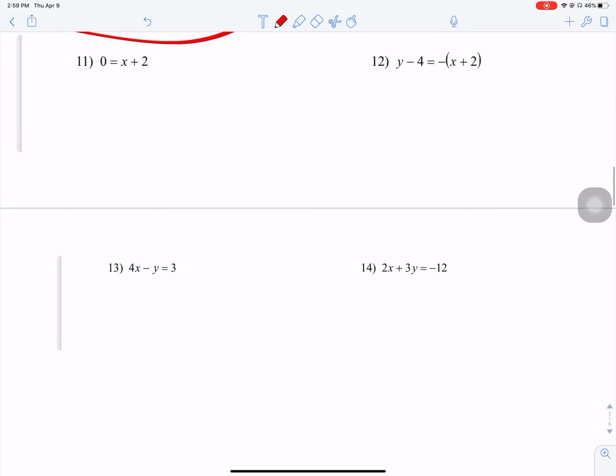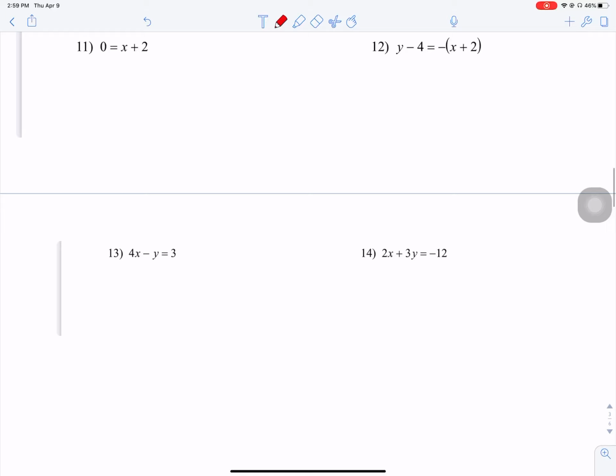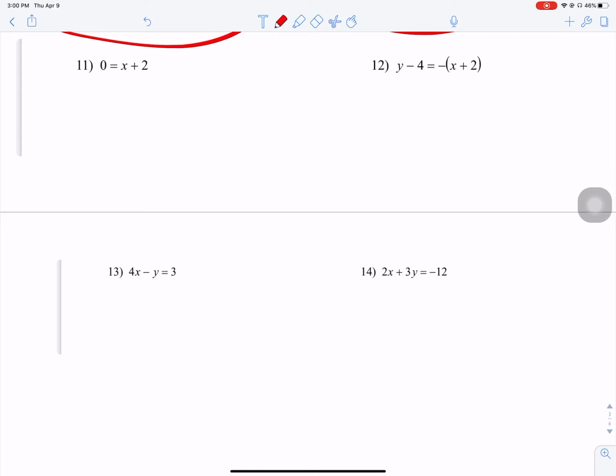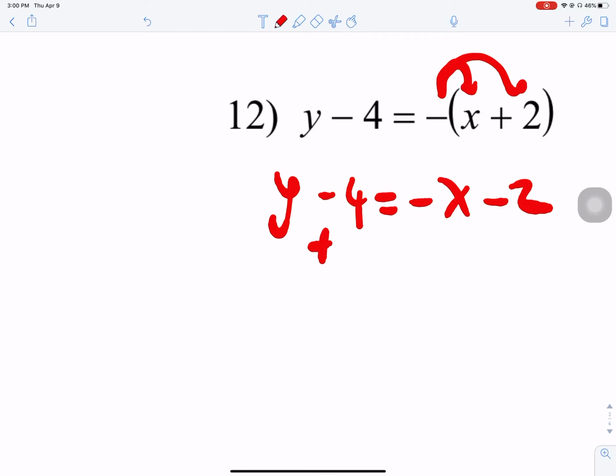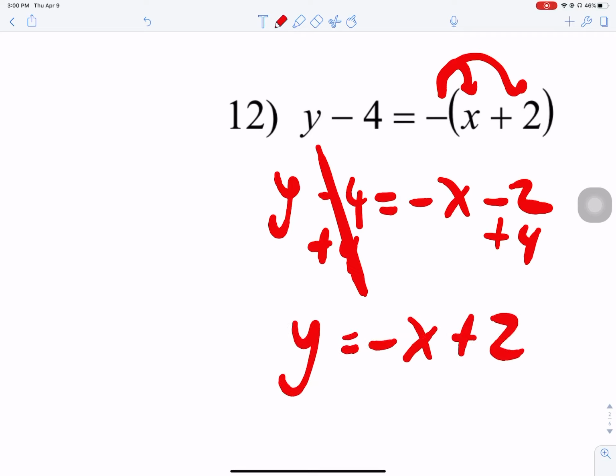And then here you've got some stuff that's in point slope form that could be in slope intercept form. For example, we can distribute the negative, and we have y minus 4 equals negative x minus 2. Then we can add 4 to both sides. y equals negative x plus 2.